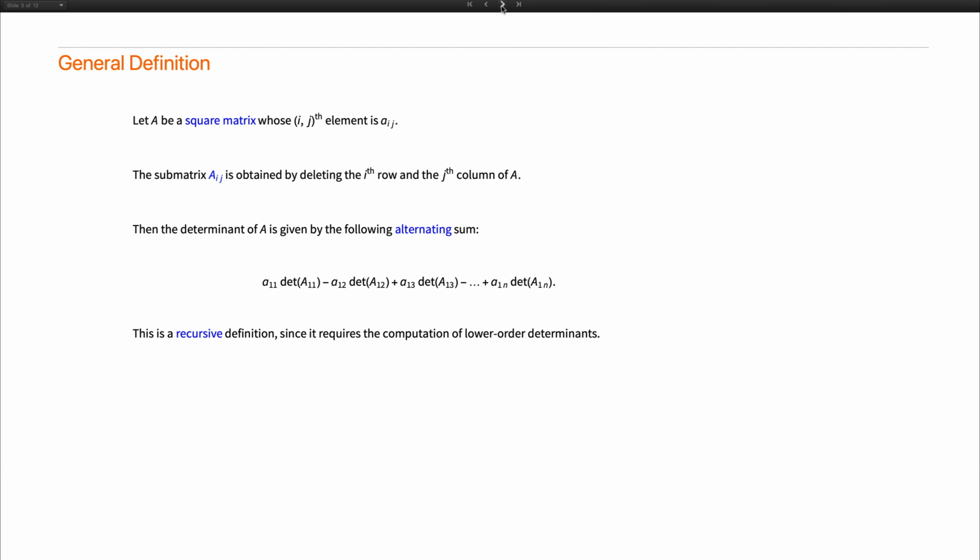Let's begin with a general definition of determinants. Say you have a square matrix, and all our matrices are square, and the ijth element of the matrix is a_ij.